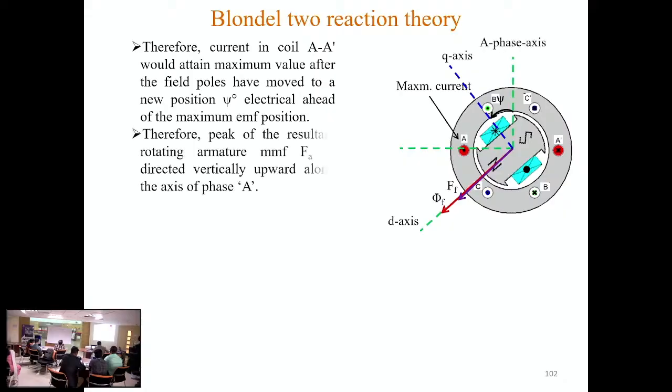So let me draw that. That is the direction of FA. Now see, this FA is neither along the d axis nor along the q axis. It is somewhere in between, and this position depends on the value of psi.